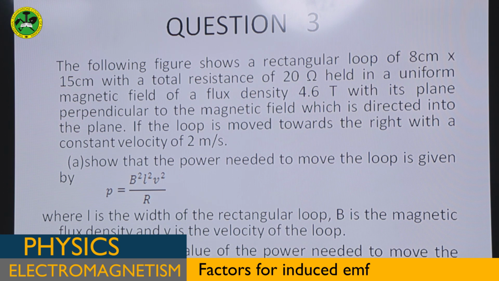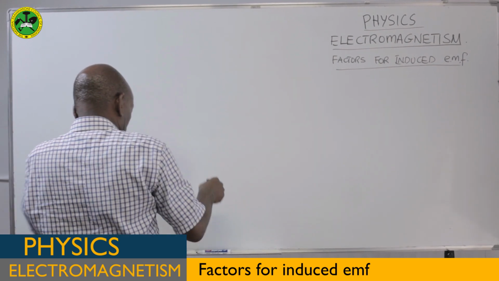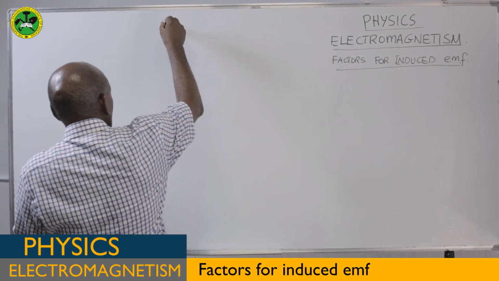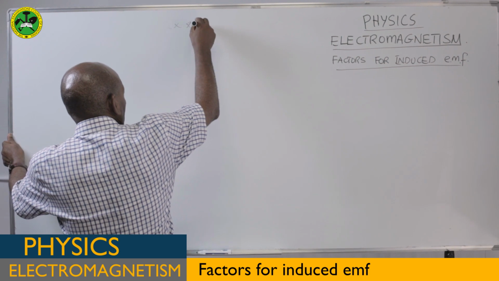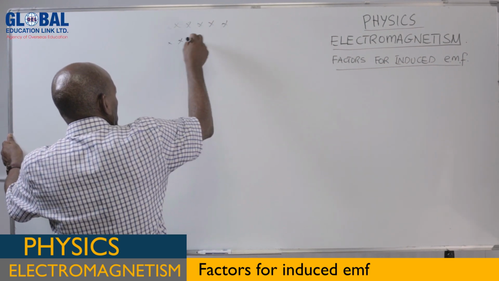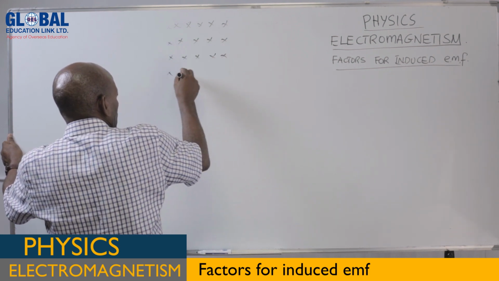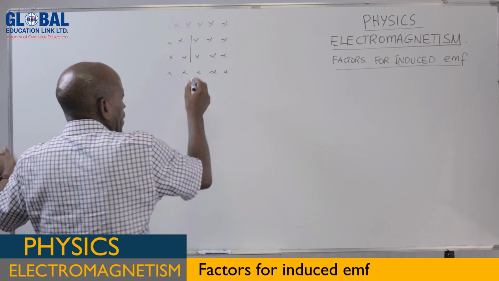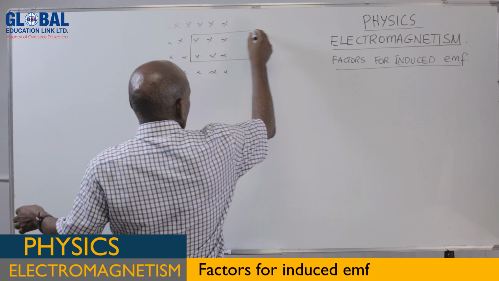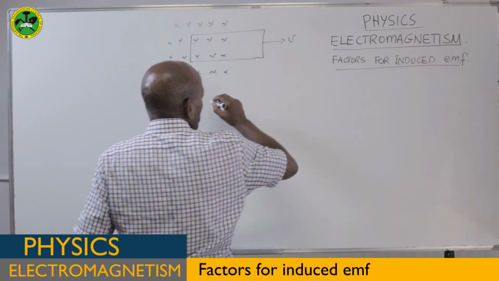That is A. Part B, compute the value of the power needed to move the loop. So we have the field, which goes perpendicular to the board, and my loop is moved with a velocity v.